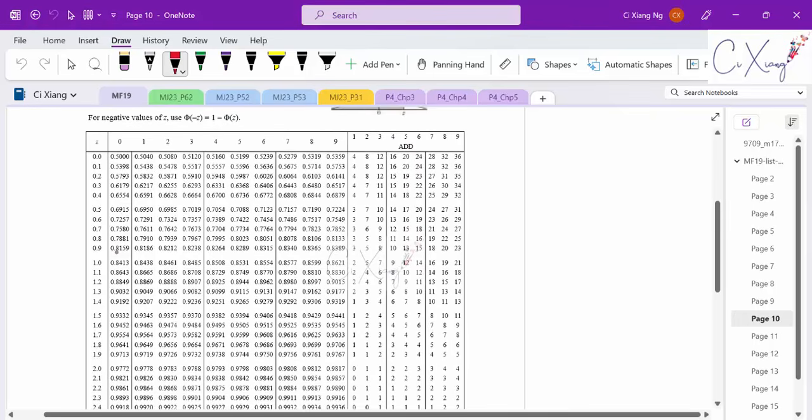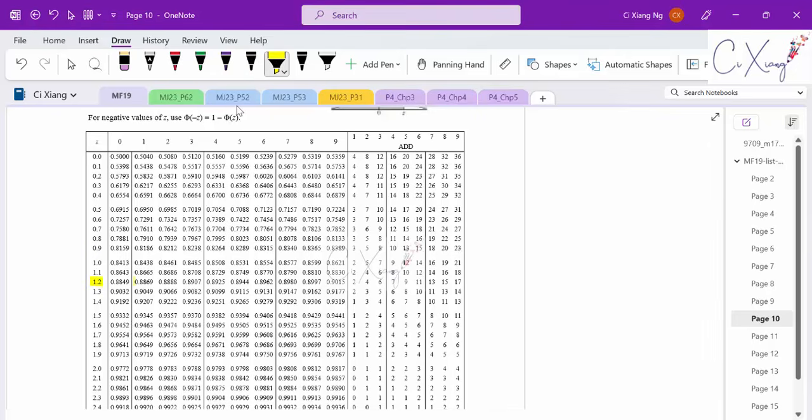So scroll down, look for 1.2, then 1, and 1. Which means that we are looking for this probability value, 8869. Then you have to add a 2 at the last digit. So if you add a 2 as the last digit, you should have 8871.